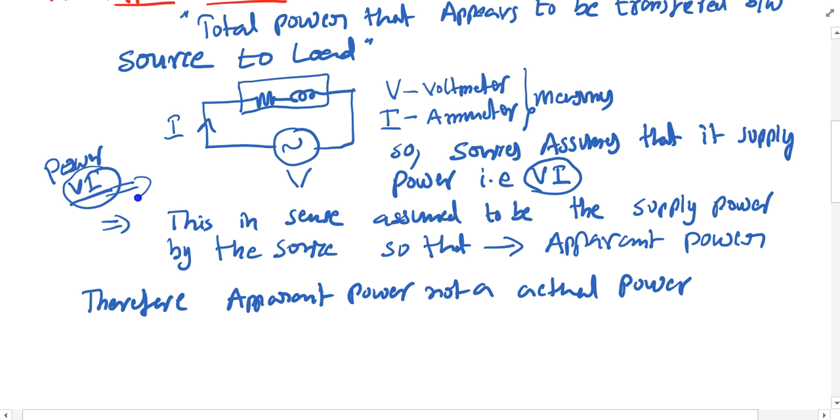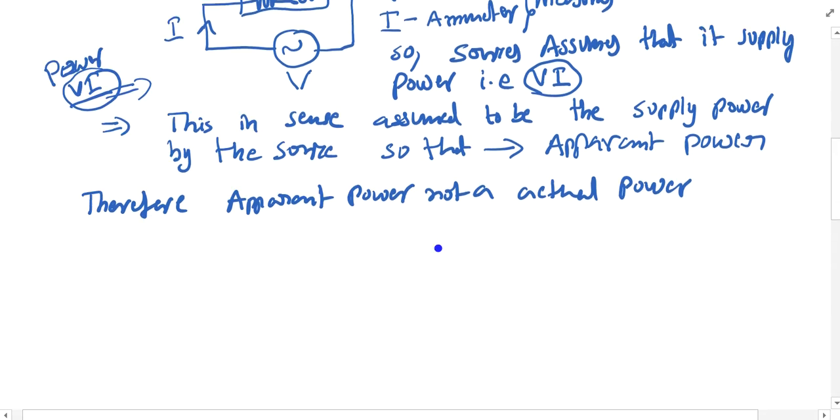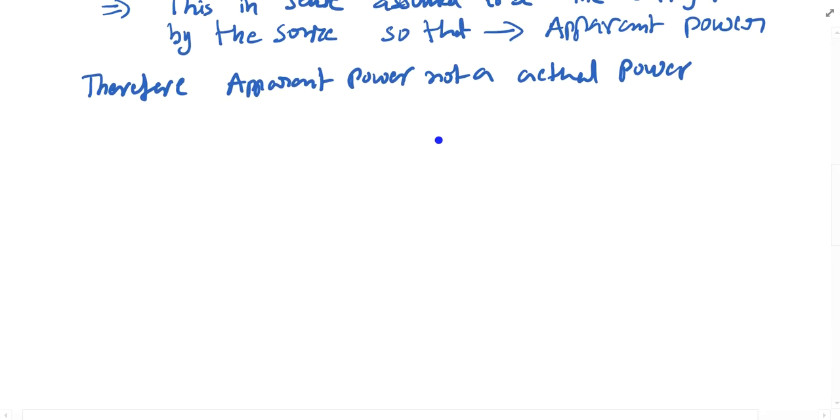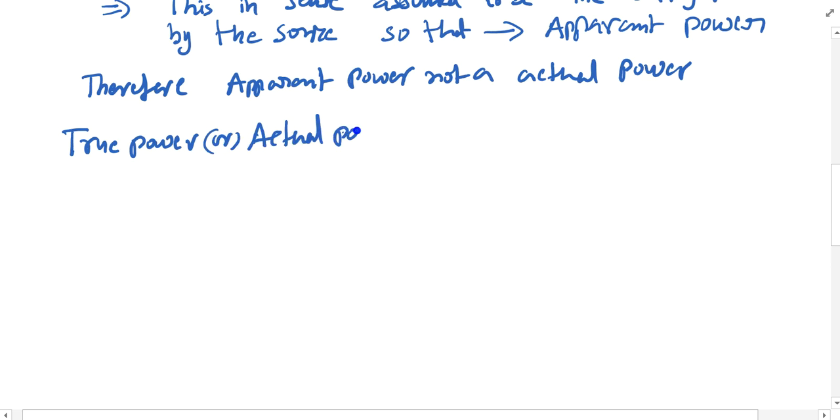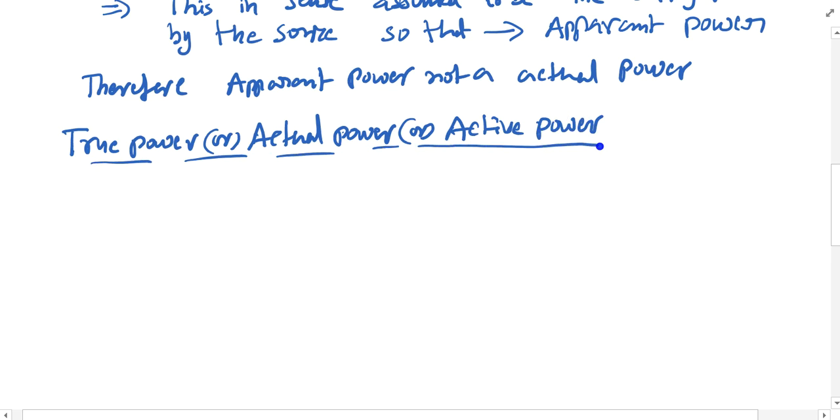Then what could be the actual power? Then what is the actual power here, which is going through the circuit? So actual power or true power, or you can say active power, this is what we have to define now.